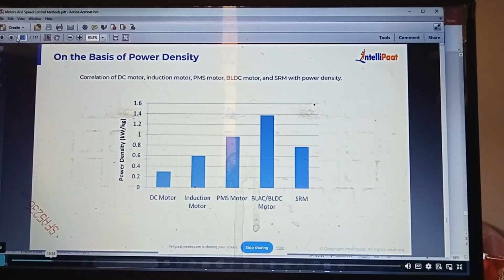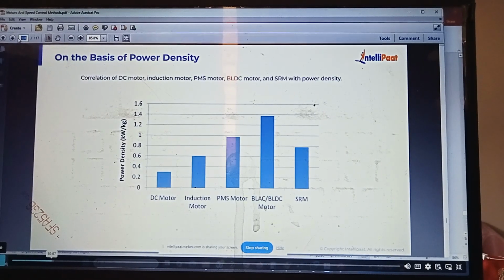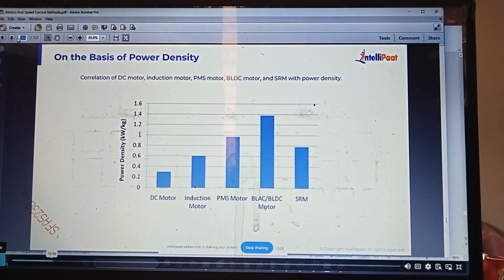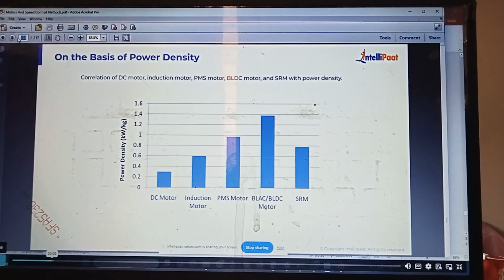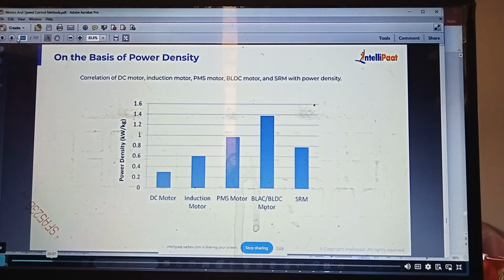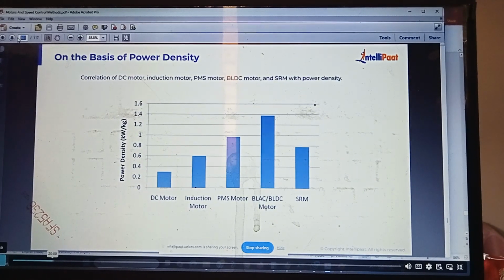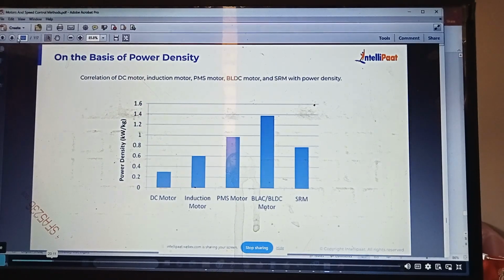That's why even today, if we ask some attendee which motor you are going to prefer for electric vehicle, they say DC motor, because in some of those old textbooks they clearly mention DC series motor is good for traction drive. So they think DC series motor is still good for electric vehicles.